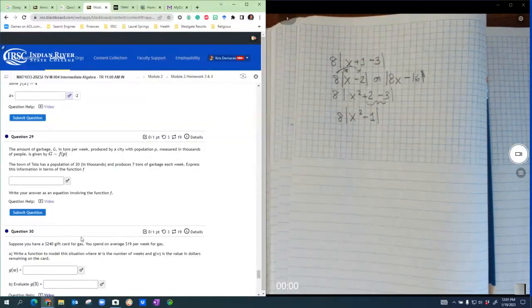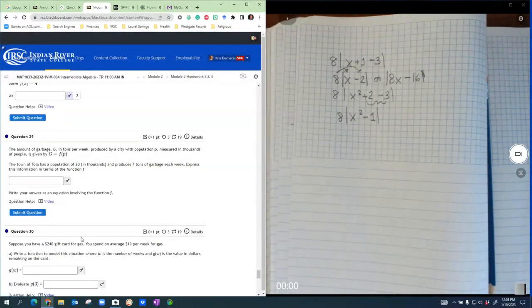So it says that the town population, that would be 20,000 people, produces 7 tons of garbage. So G is the garbage, so the G output is that.